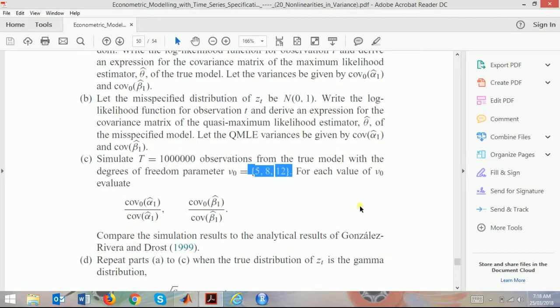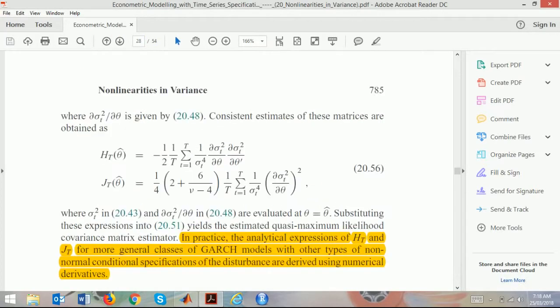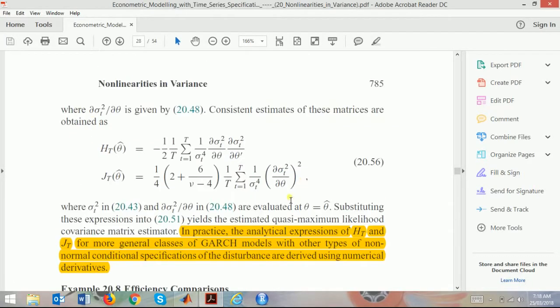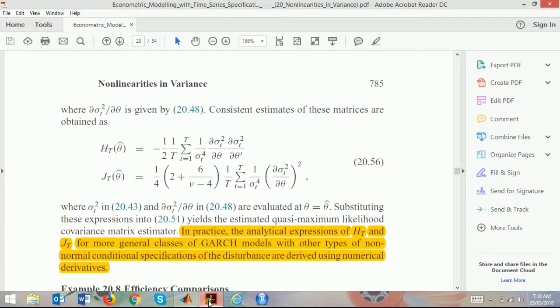It's a bit tiring. Somewhere from here, 0.25. Okay, now it makes sense. 1 by 4. All right, fine. 0.25, 1 by 4. So covariance of J is the whole thing being inversed. Beta 2 minus 1.